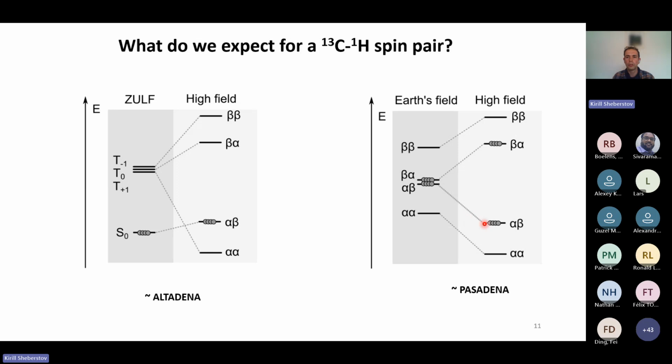And then upon transfer of the sample into the high field, one observes this kind of initial state, which is reminiscent of PASADENA kind of experiments.